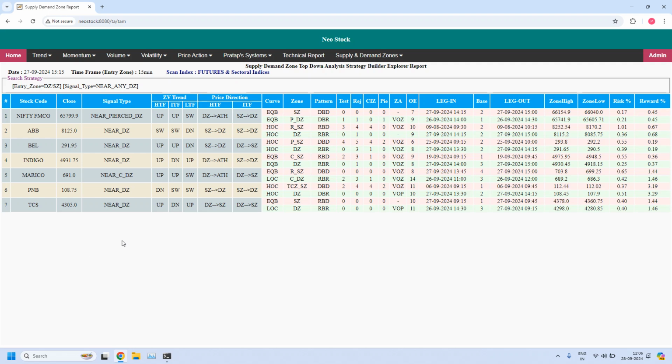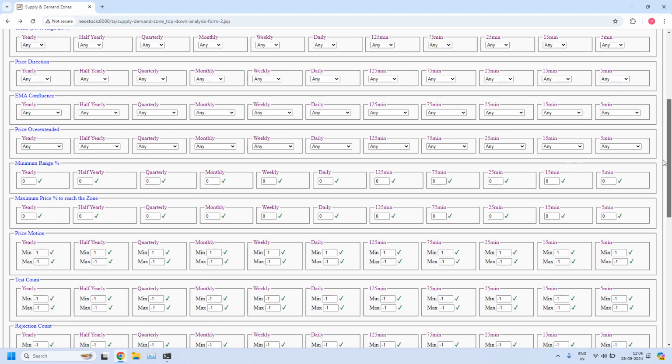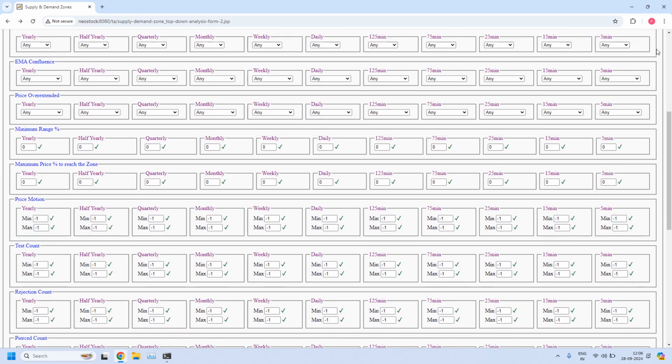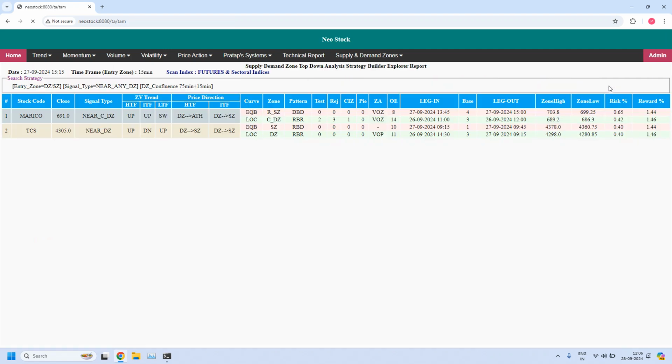So let us verify any zone confluence with ITF time frame. That means 15 minutes demand zone with 75 minutes demand zone confluence. So in the demand zone confluence, I am enabling the filter 15 minutes demand zone with 75 minutes demand zone. So filter is enabled. Now let's verify.